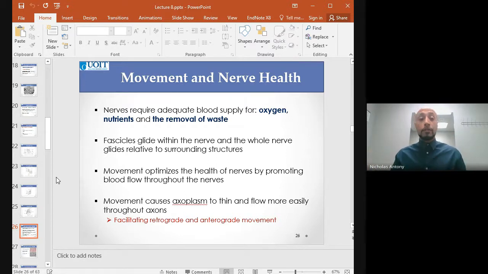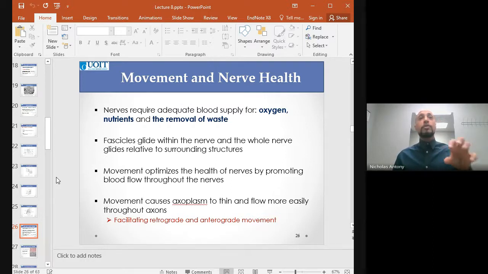And in a lot of cases, think of peripheral nerve lesions. Clinically, we do a lot of nerve flossing exercises. It's to sort of break up the adhesions in the nerve and promote proper flow.